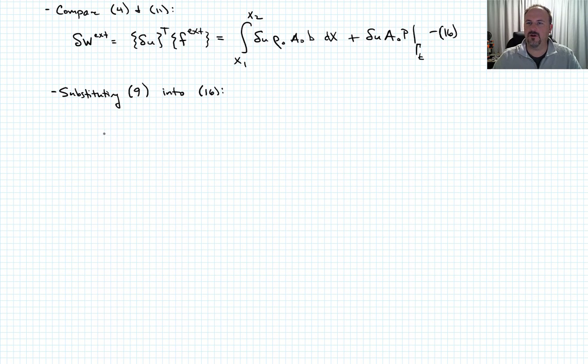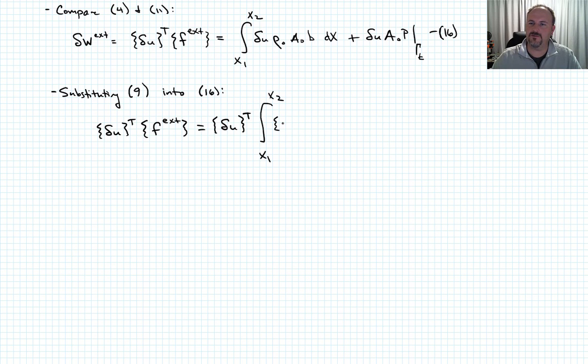We get the following. We get this quantity delta U transpose times the external force vector is going to be equal to, and my delta U term is going to become delta U transpose times n. That delta U can come out, so I'm just going to pull it out this time.